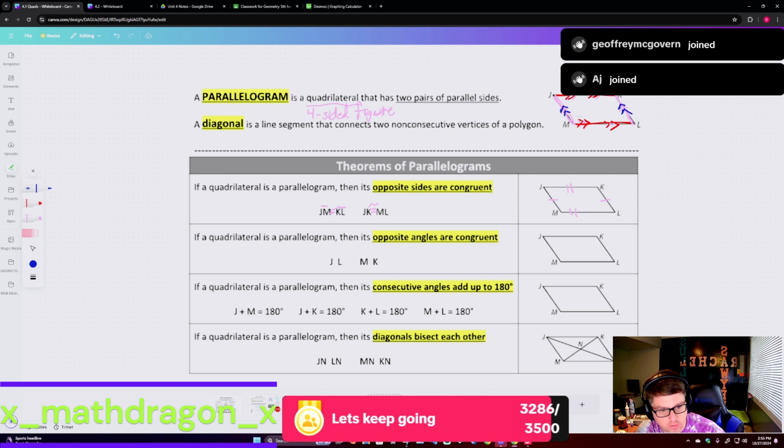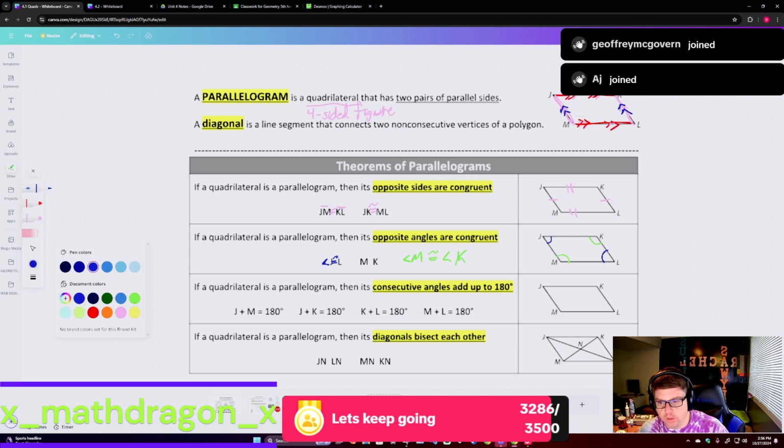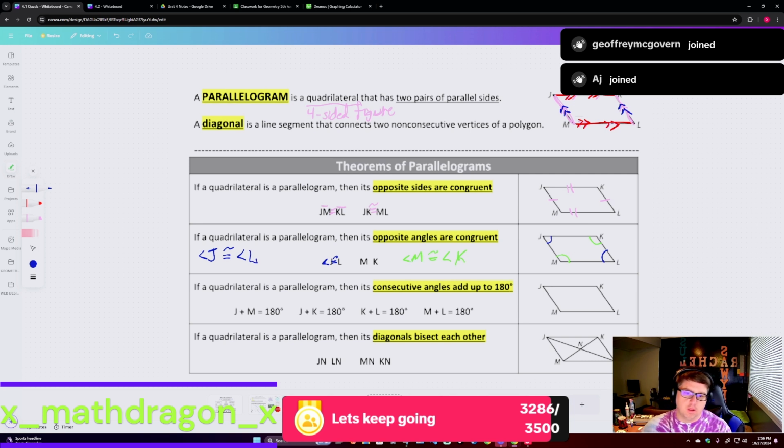So angle J is going to be congruent to angle L, and angle M is going to be congruent to angle K. I don't like how tiny those letters are, so I'm going to rewrite it. Angle J is congruent to angle L. Angle M is congruent to angle K. So these opposite angles are congruent.